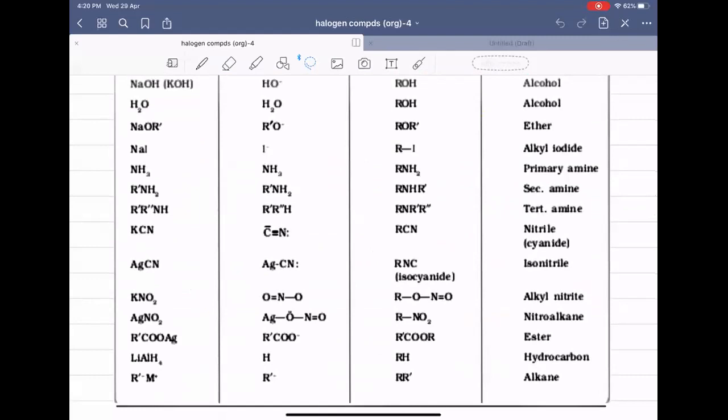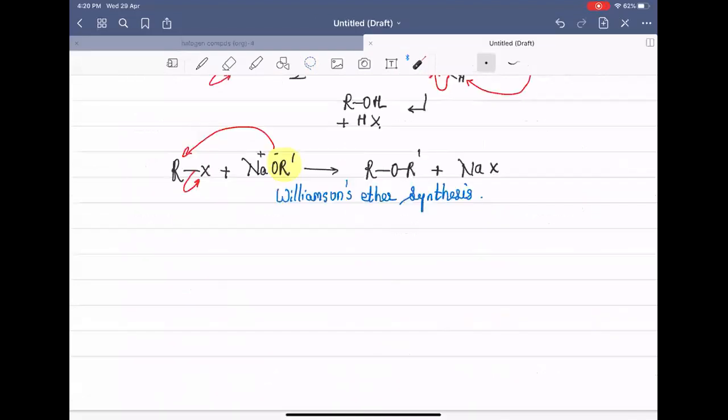Now, if you take NaI, then I minus is your nucleophile. It would replace X, and you have RI. If you take NH3 as your nucleophile, let us see what happens. Right? So RX plus NH3.